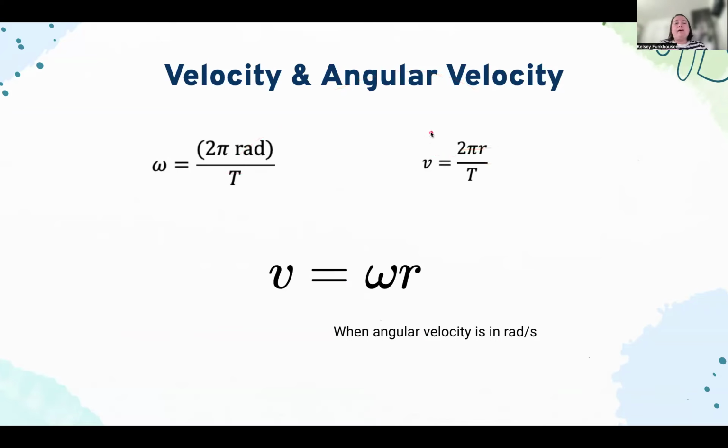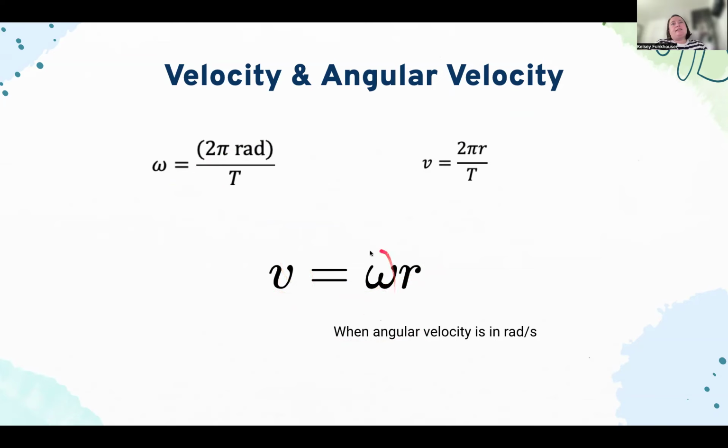And then 2 pi r is the distance, kind of the perimeter of a complete circle. So we have the angular displacement divided by the time interval, and we have the displacement divided by the time interval.